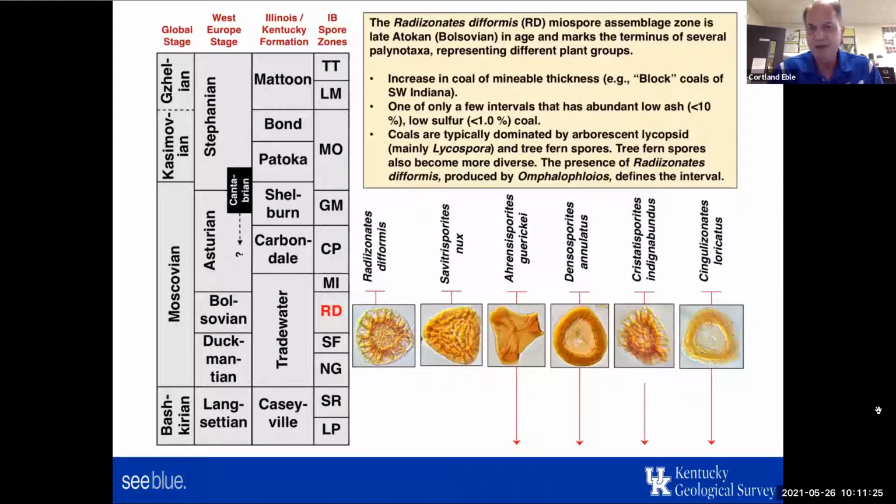These are dominated mostly by Lycospora, but also tree fern spores. This is where we start to see a big influx of tree fern spore taxa. And Radiizonates difformis is just a type of densospore, which was also produced by Amphilophloios, and it is confined to this interval, so it's a very good biostratigraphic marker.